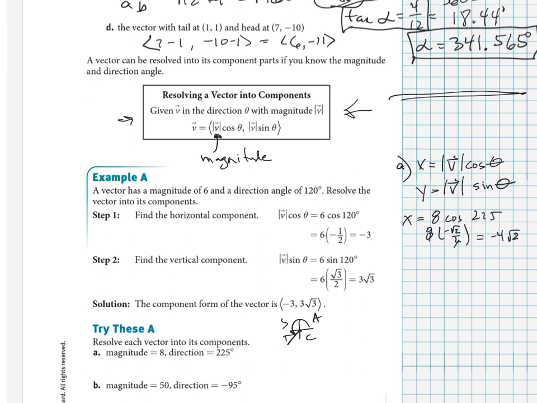Now, of course, this is an easy one because the y value is going to be exactly the same thing. 8 times the sine of 225. This is a little bit unusual that these match. So we have 8 and then negative radical 2 over 2 again. So the component form for part A is negative 4 radical 2, negative 4 radical 2. Remember, you have to write it a, comma, b.